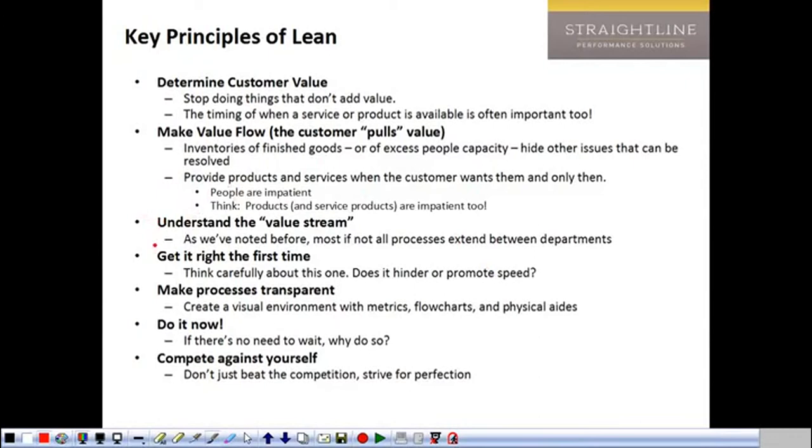Understanding the value stream, we'll talk more about that later, but essentially at the moment we can think of that as the horizontal, as opposed to vertical, process that things have to go through. Getting it right the first time, that certainly is very similar to a Six Sigma paradigm. Make our processes transparent.